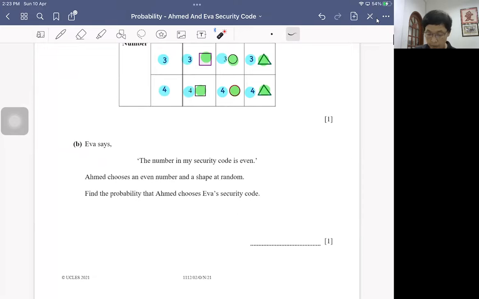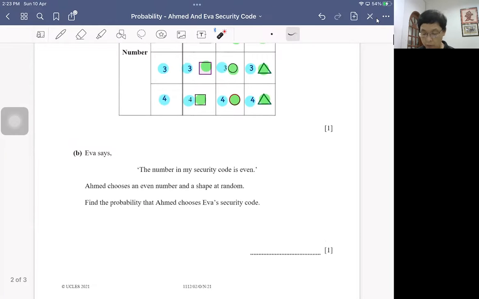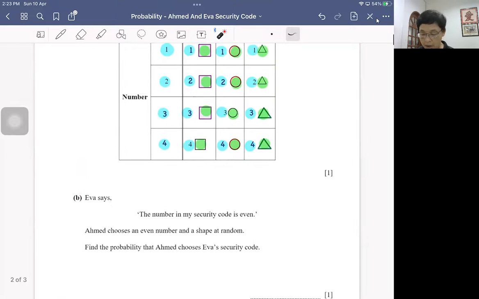Okay, so now they say, Eva says, the number in my security code is even. So that is Eva. Eva says the number is even. So let's take a look first. How many even numbers are available there?